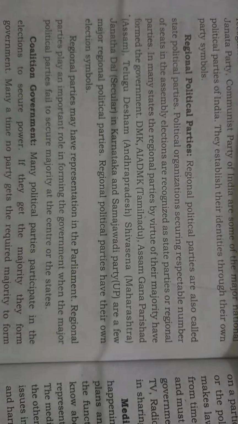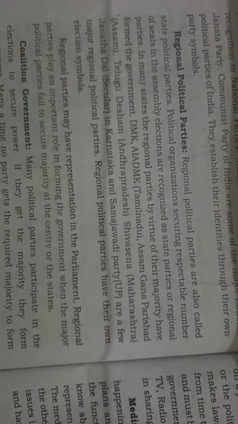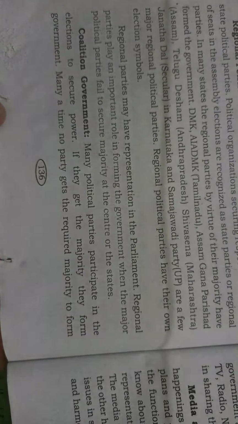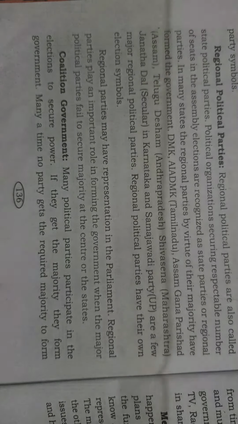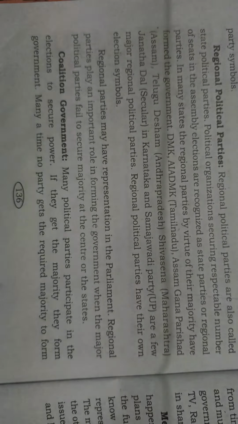DMK, AIADMK in Tamil Nadu, Asom Gana Parishad in Assam, Telugu Desam in Andhra Pradesh, Shiv Sena in Maharashtra, Janata Dal Secular in Karnataka, and Samajwadi Party in UP are a few major regional political parties. Regional political parties have their own election symbols.